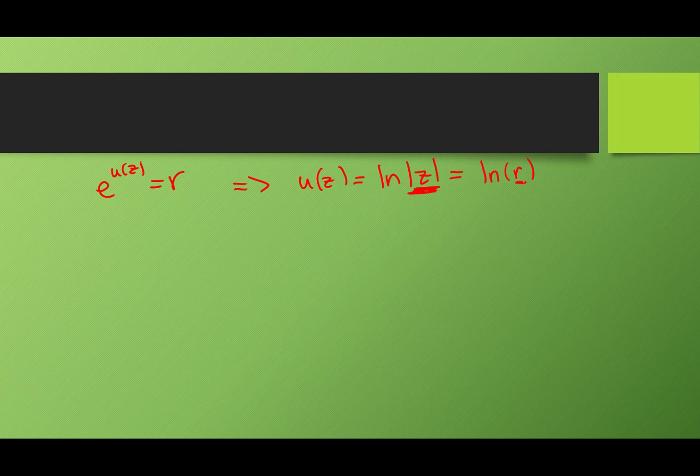Remember, r really is the absolute value of z there, but I'm writing it in this way because that's eventually how we're going to write it. So that first equation tells us that the real part of the log, because we're writing the log as u of z plus i v of z, has to be ln, the ln that we know and love, of the absolute value of z.